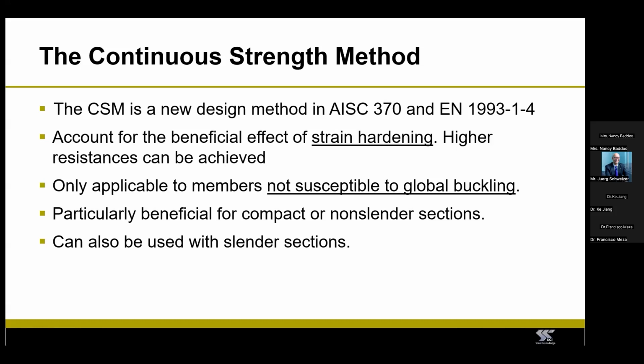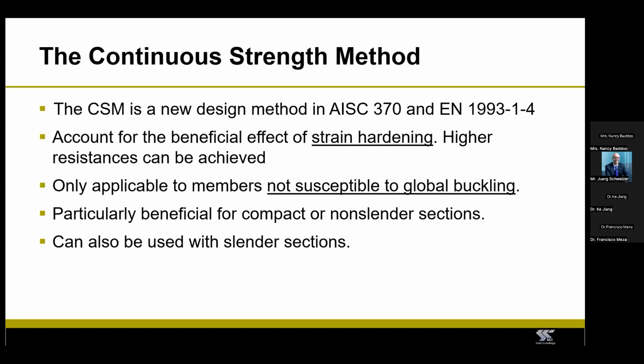Okay, so we will start with the continuous strength method. This is basically a new design method that can be used to calculate the cross-sectional resistance of stainless steel members. The method is included in the American stainless steel specification, which is C370, and it will also be included in the next version of the stainless steel Eurocode.